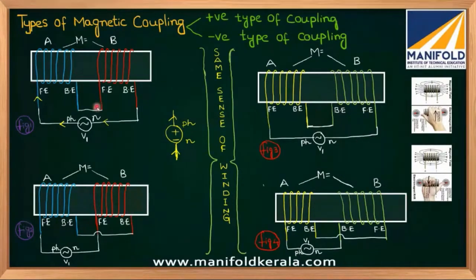I'm asking about the winding at the back side of the core. You cannot see, guys. Abhijit, you cannot see, right? Very good. That means here you are able to see only this.